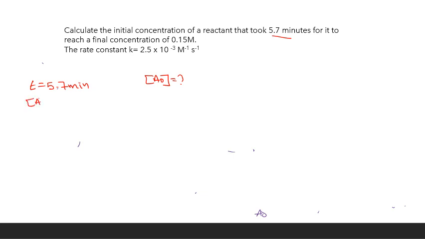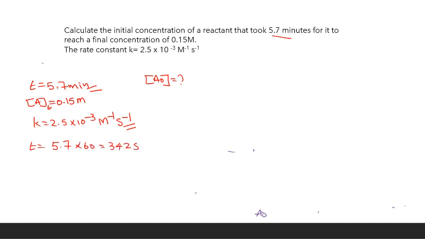That means after this 5.7 minutes the concentration is 0.15 molar, and the rate constant K is given, 2.5 times 10 to the power negative 3 M inverse second inverse. Since it is second inverse, I had to convert the minutes. That means time, I had to convert 5.7 times 60. That will give me 342 seconds.